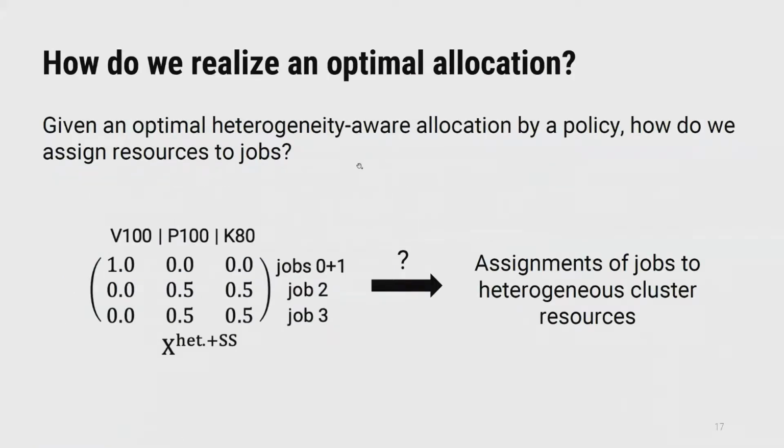But there are more questions, more details. Let's say the optimization problem has generated an optimal allocation plan X, where job 1 should be running 100% on one device and 50% on two different devices. But how do I map that into the actual assignment of the jobs into the cluster?